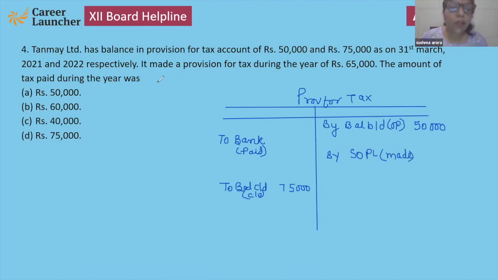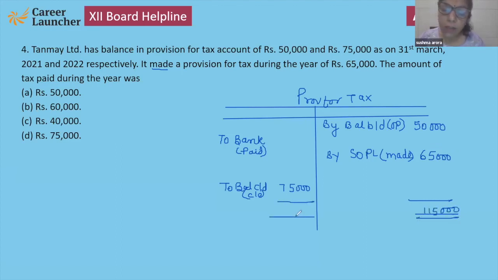Okay, SOPL made. Now read the question again. See, they have given you made. You can see this type of question in CBSE or CUET as well. So read the question carefully. What information is given? So here made is given, 65,000. So here the total will be 1,15,000.